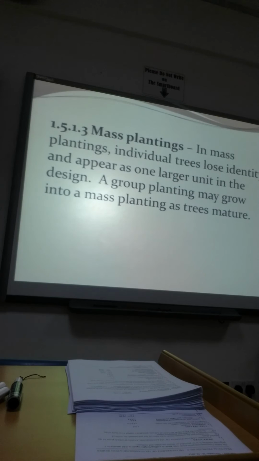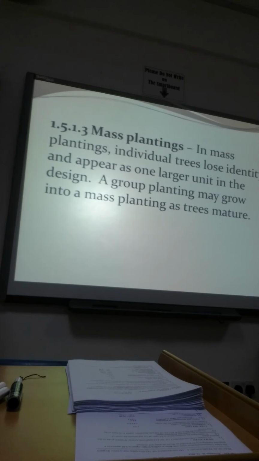Then mass plantings. In mass plantings, individual trees lose identity. Meaning that in here, it is a random planting. And it appears as one larger unit in the design. A group planting may grow into a mass planting as trees mature. Therefore, it may be a forest where there are already old trees that were planted before.